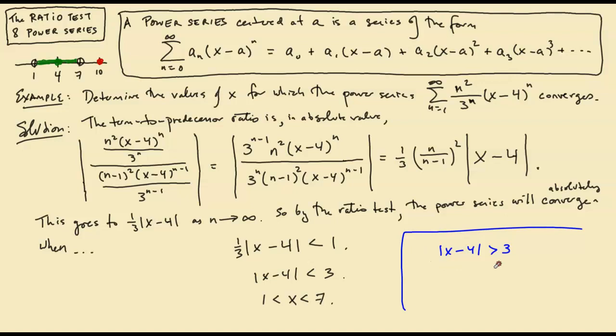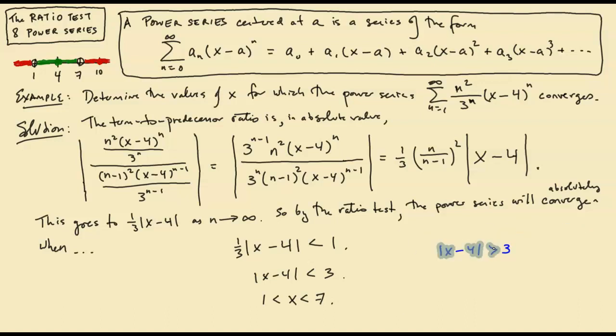And how do I read that? That's all x for which x and 4 are separated by a distance of greater than 3. So that's everything beyond 7 and beyond 1 in the respective directions. So I know that we get divergence for everything beyond 7 and everything to the left of 1.